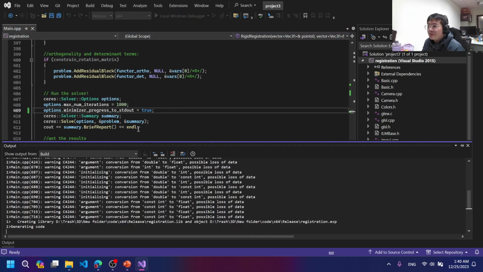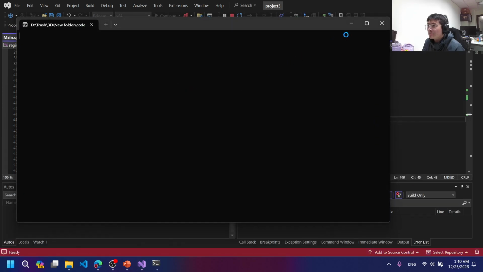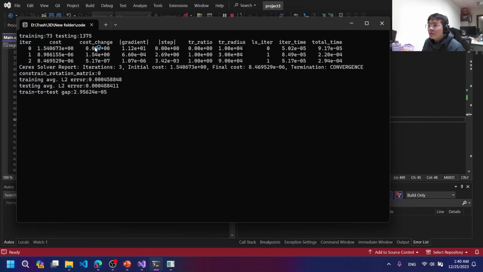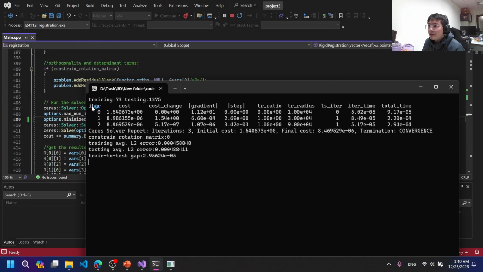Let me take a look again at what was there. So there's the iteration number, the cost, change in the cost function, the gradient, the step. I think this is the trust region and trust region radius, line search iteration time.